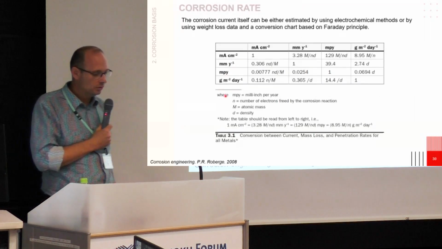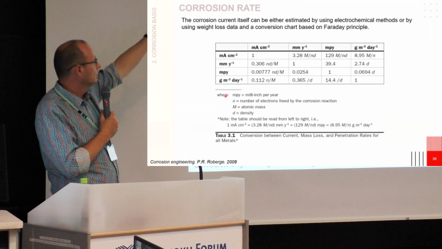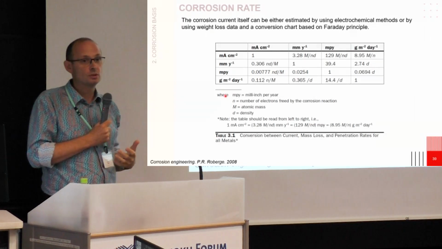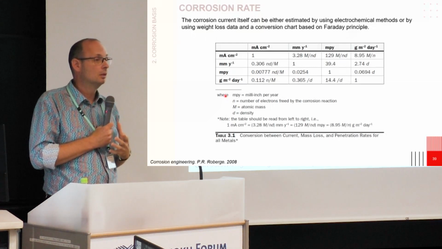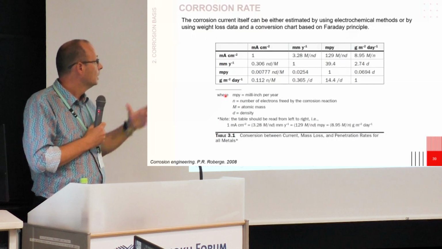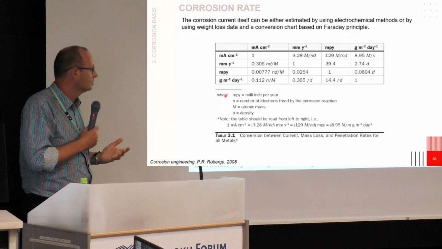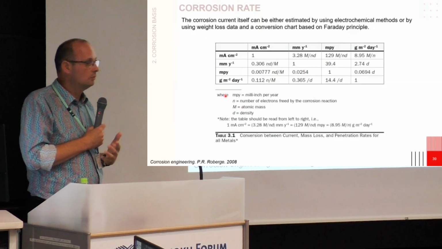The most important is I will be able to have conversion data from the quantity of electrons per unit of surface that have been corroded, and give a quantity of material loss, an equivalent, which is easier to understand for an engineer.